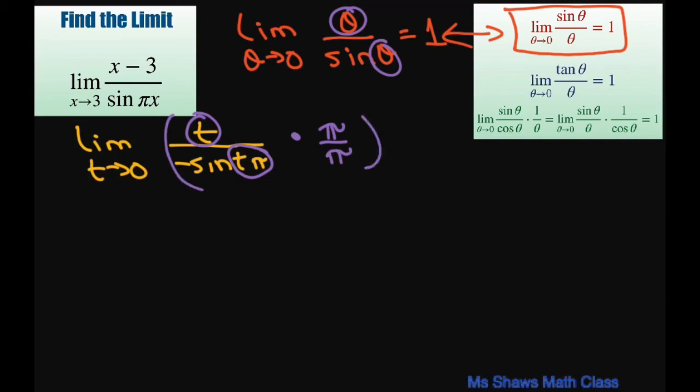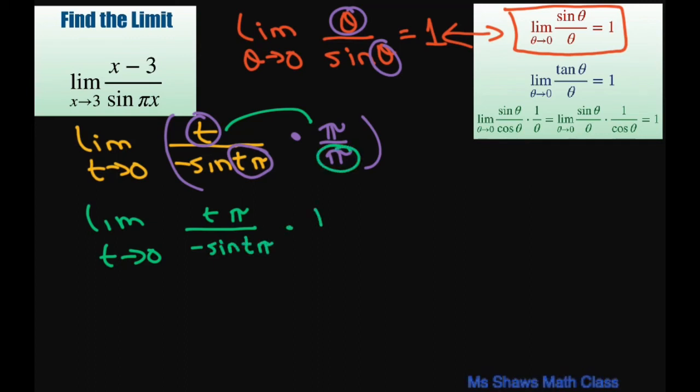Now that's going to give me the limit as t approaches 0, and I multiply these two, I get t pi, divided by negative sine of t pi. And then we still have this pi, so it's times 1 divided by pi. All right, we're almost done.